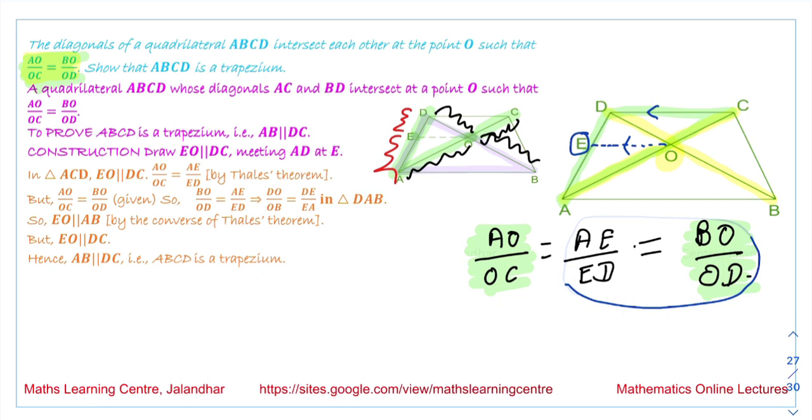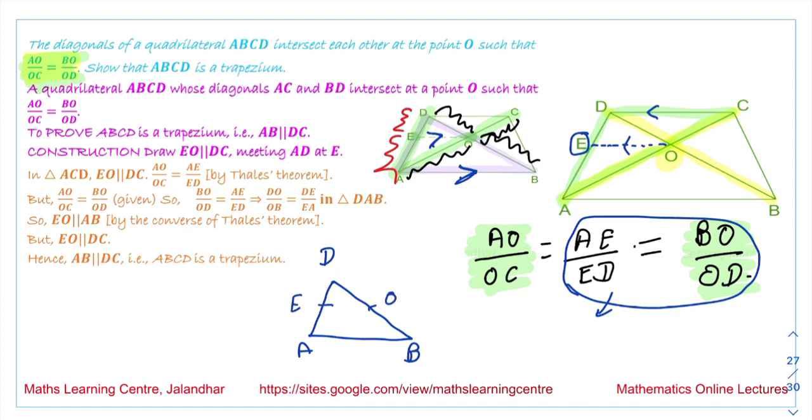So from these two terms, we obtain that these two lines are parallel to each other. I am again explaining this: in triangle DAB, we have this point E and this point O. This length AE over this length ED is equal to BO over OD. These are proportional to each other.